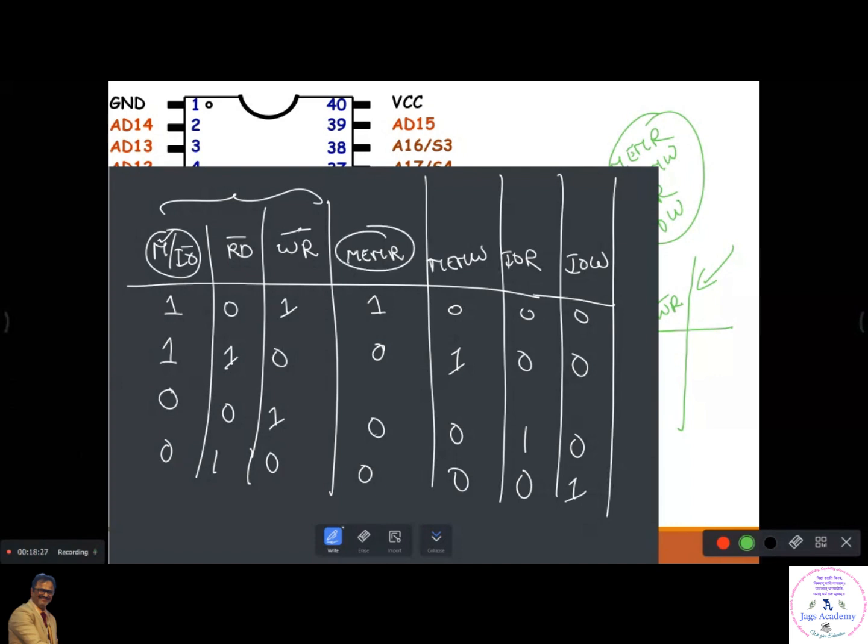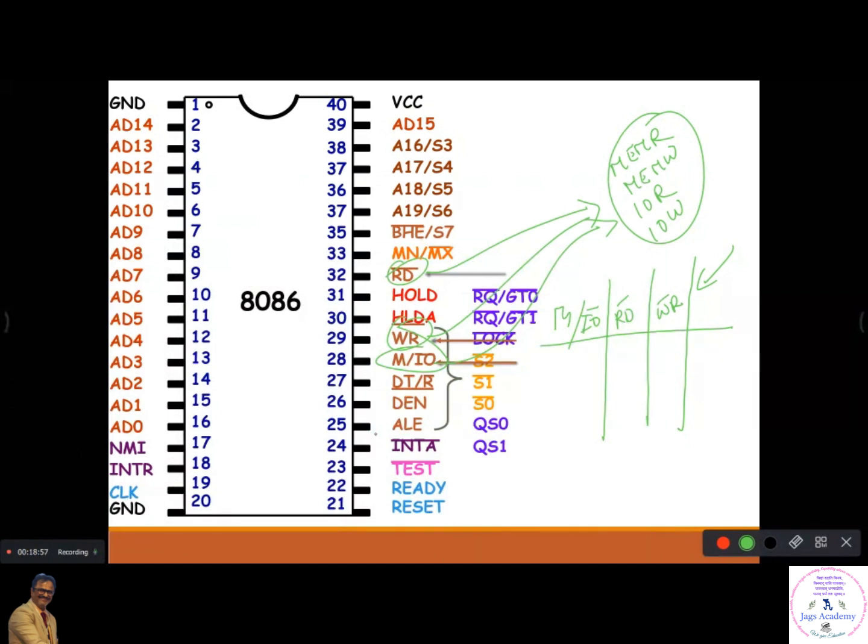You get an expression for memory read, memory write, IO read and IO write in terms of these inputs. Form a circuit, that's all. From these 3 signals you'll get the 4 signals. That's also part of the hardware of the microprocessor. I'm just explaining it once again because you already know it.